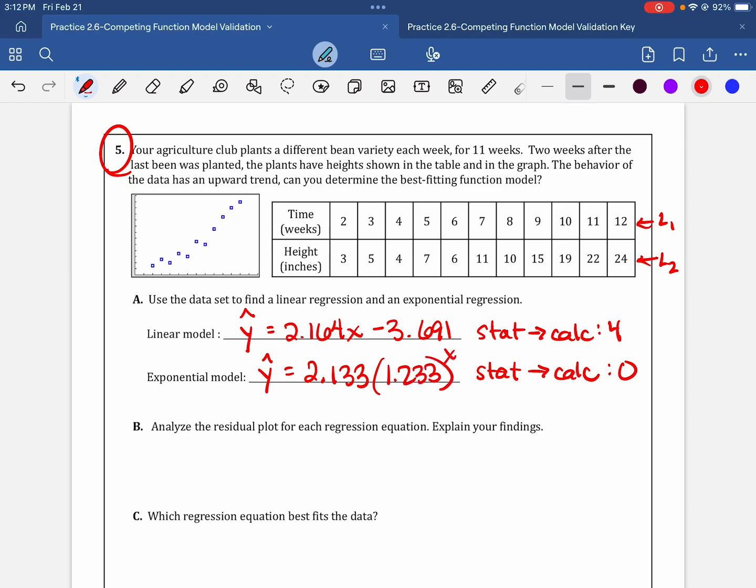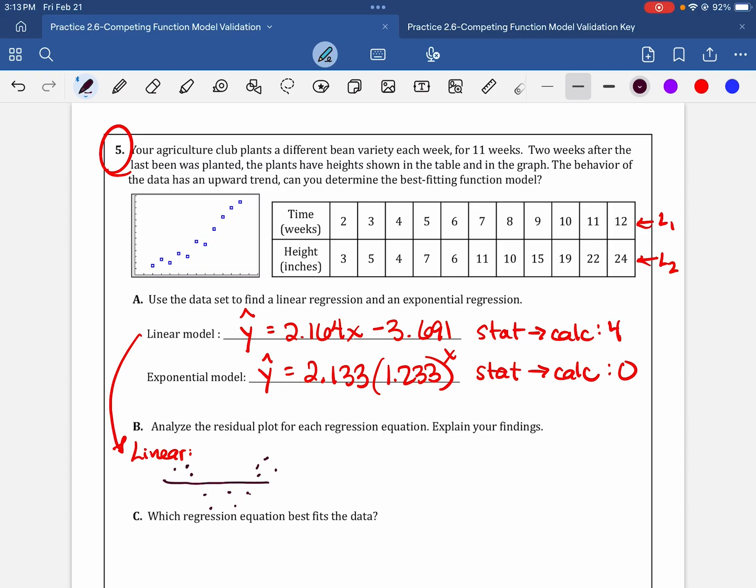So it says, analyze the residual plot for each regression equation and then explain your findings. All right, so for me, I didn't write all the things she wrote. I just looked at the residual plot for my linear one, and I drew a little pattern so that I could talk about it. So here's my horizontal line, and then the scatter plot was like, we had, nothing exactly like this, but we had some points above and then some points below, but it kind of looked like a pattern, right?